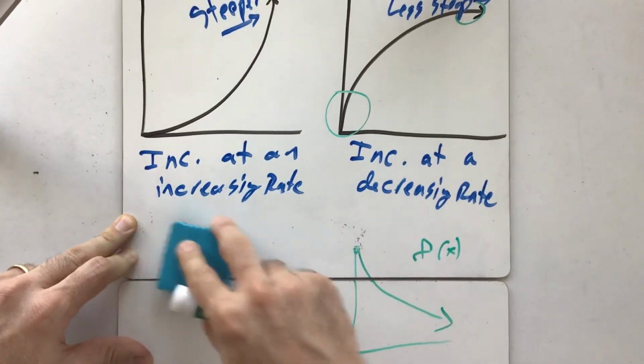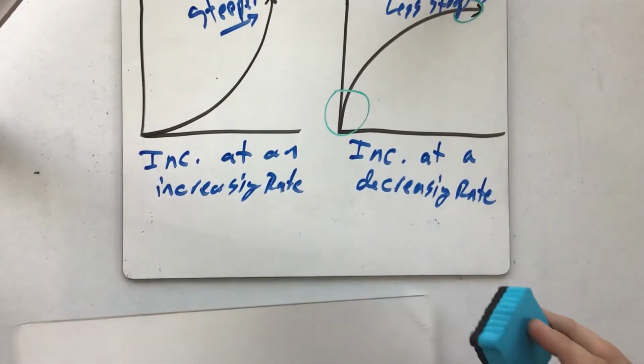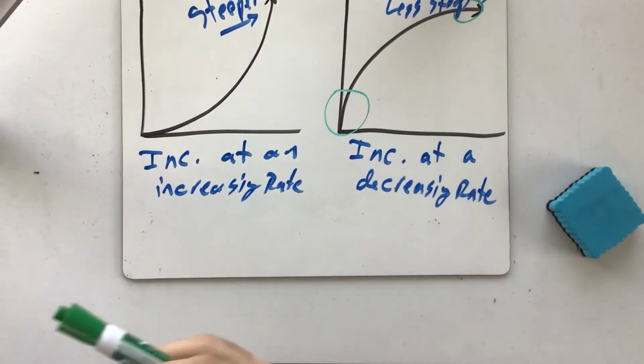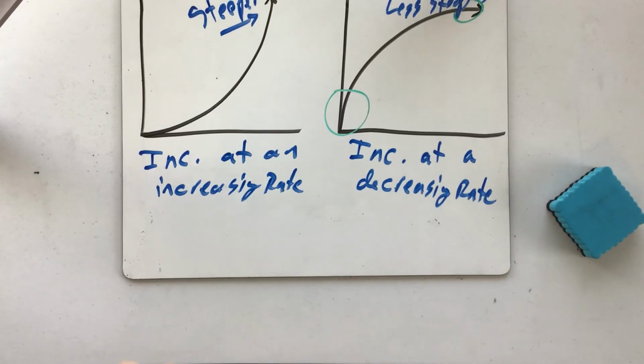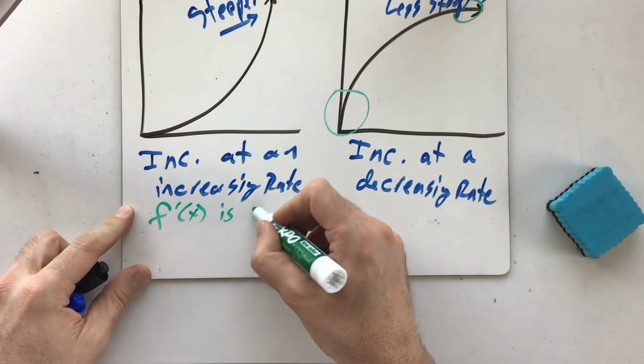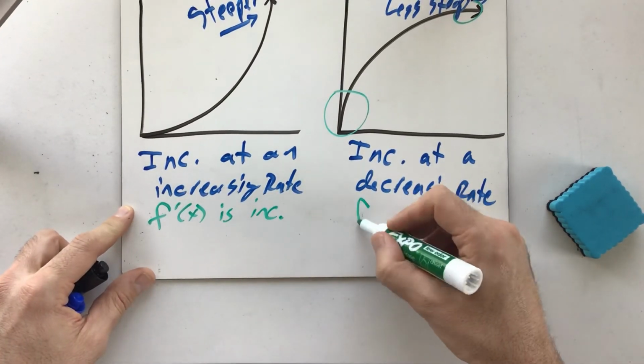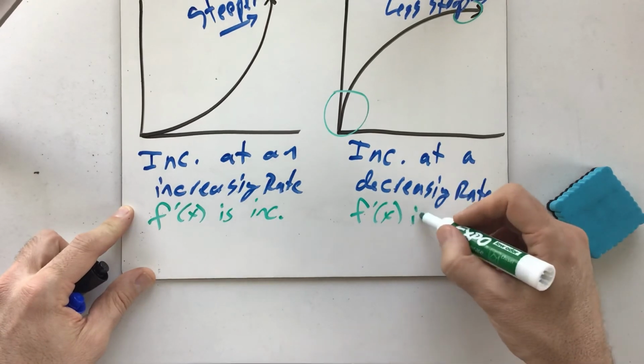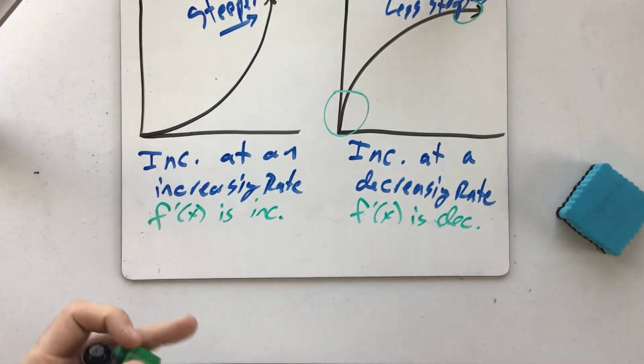So let me erase those and come back and write down this observation. And that is that f prime of x is increasing. And in this one, f prime of x is decreasing.